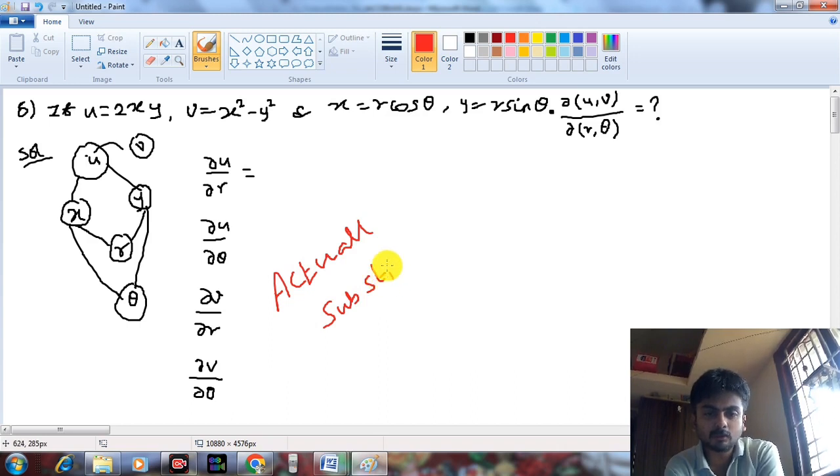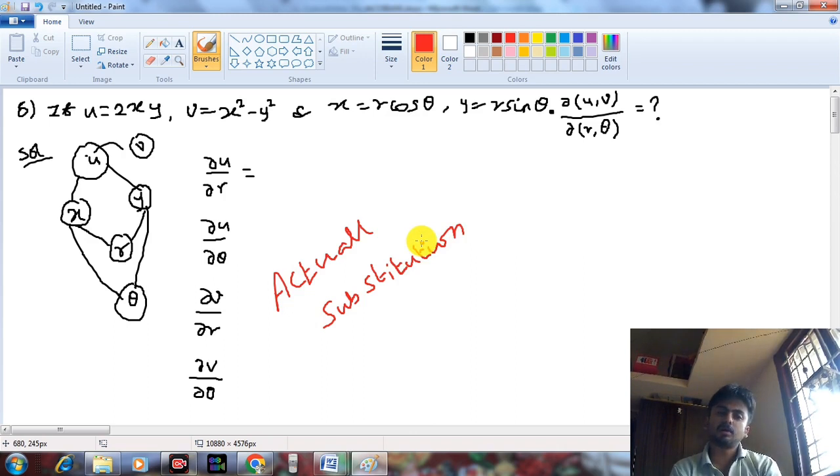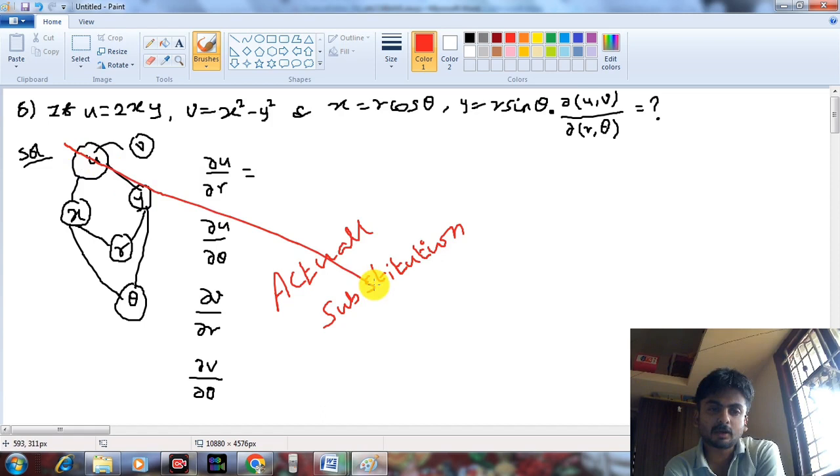Here we have to make use of the formula of the cyclic property of Jacobian. If we find all these things similar to the total derivative, then the mark will not be awarded.